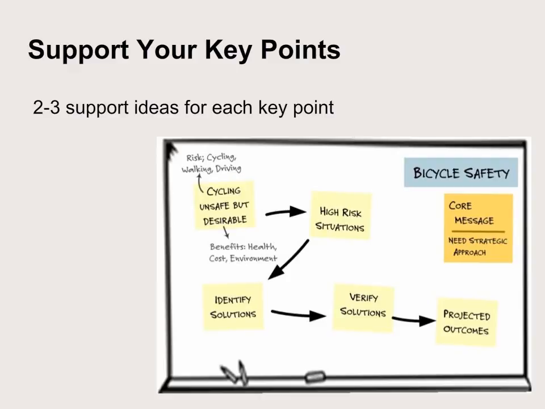I will also need to establish that cycling is desirable, and so I might discuss the benefits to health and the environment, and also the modest costs associated with cycling. To support my second key point, I might describe 2 or 3 high-risk scenarios, those that commonly result in injury or death.